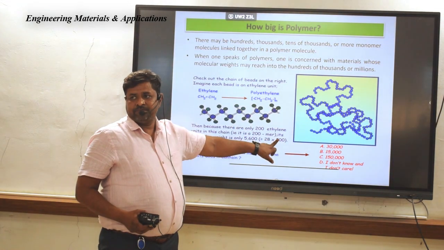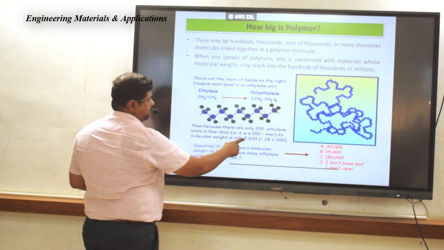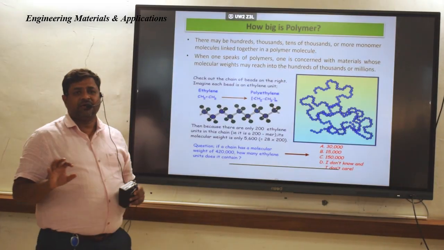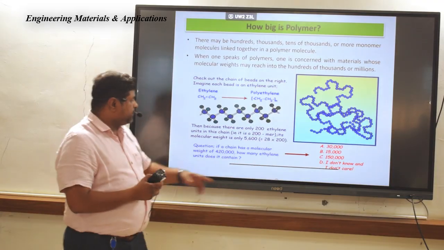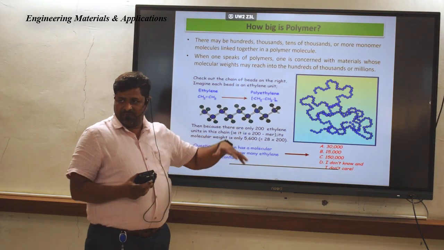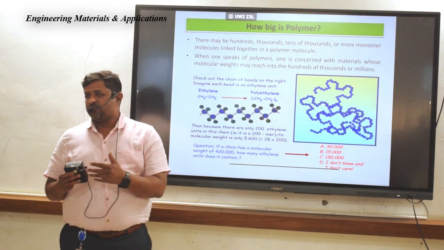If I want to calculate the total molecular weight of the polymer, I have to find the weight of the single monomer, and then multiply by the number of monomers.